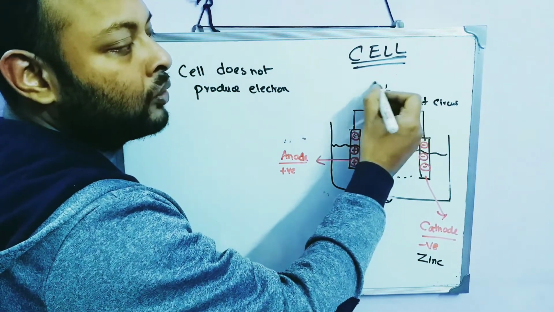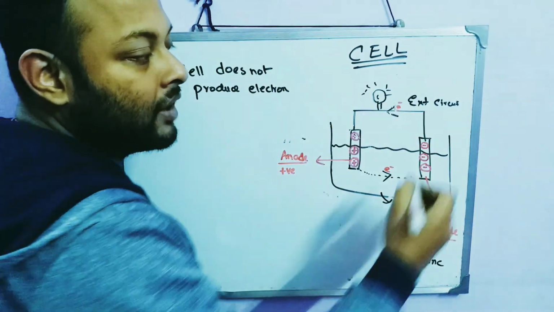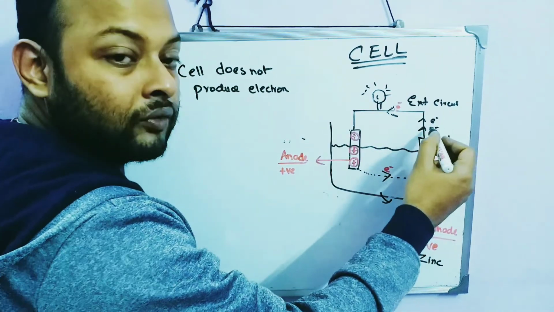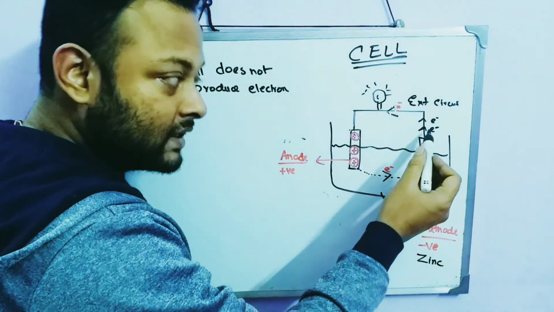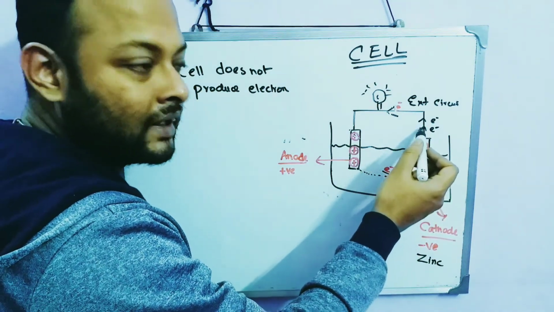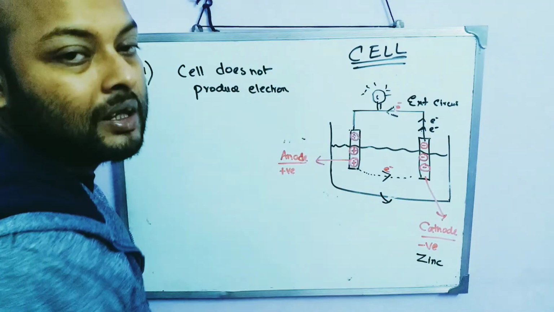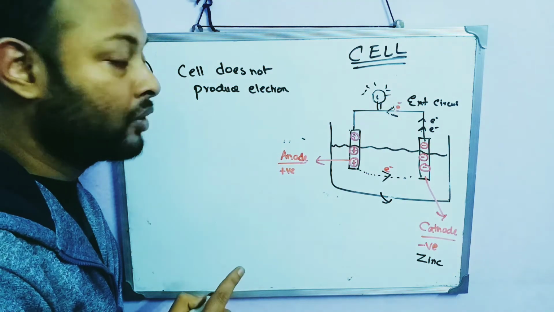This bulb will glow if it is provided with some electrical energy. These electrons which are flowing now have that electrical energy. This electrical energy carried by the electrons will go to the bulb, and now the bulb will glow. So a cell does not produce electrons.